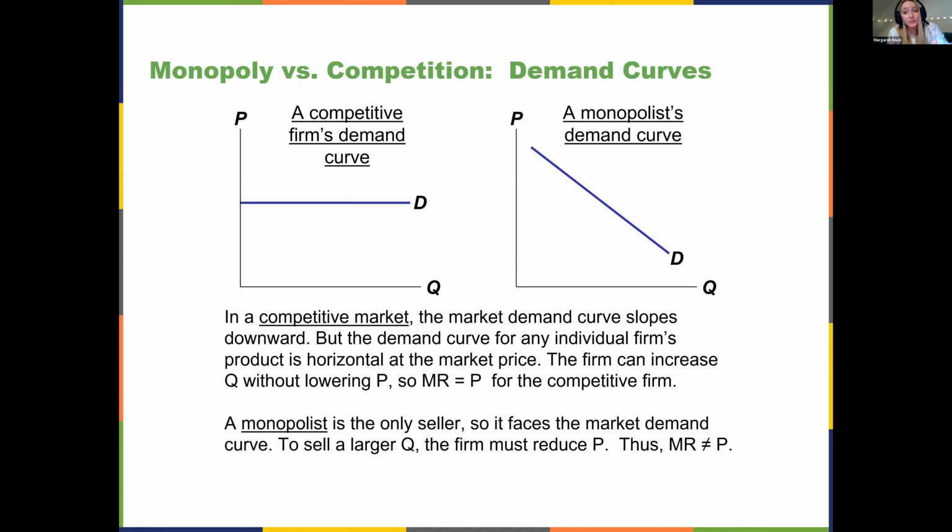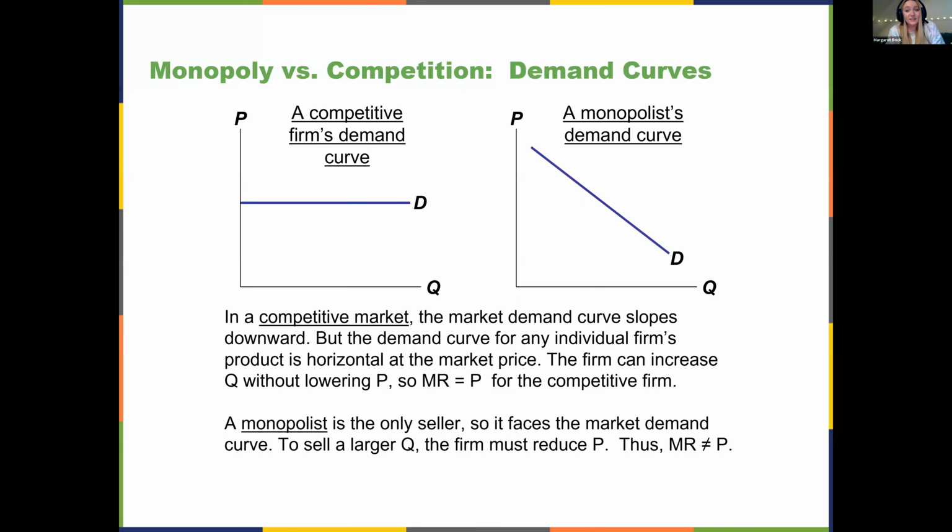But for a monopolist, if they want to sell more of whatever good they're making, they're going to have to lower the price. So the price is going to be different depending on the quantity that they're selling, and the price is not going to be equal to the marginal revenue in the case of a monopoly.